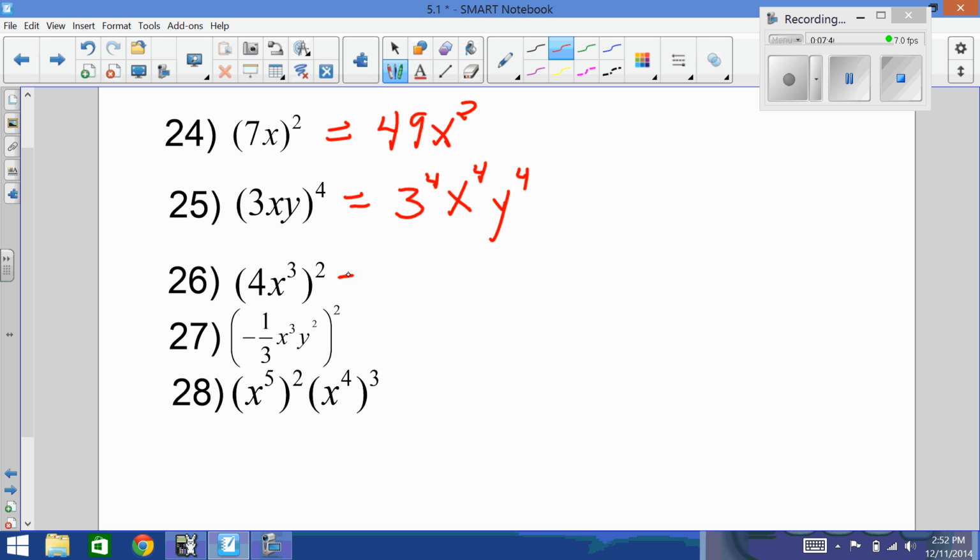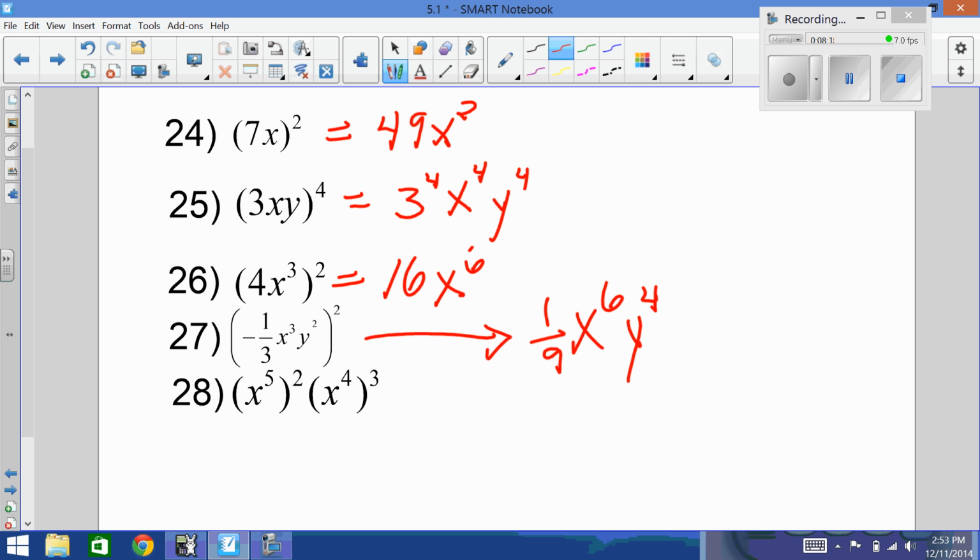Number 26, you get 4 squared, which is 16, and then x, 3 times 2 is 6. Negative 1/3 squared, so that's negative 1/3 times negative 1/3, which is 1/9. We got 3 parentheses 2, so that's x to the 6, because remember you multiply. 2 times 2 is 4, so it's y to the 4th.